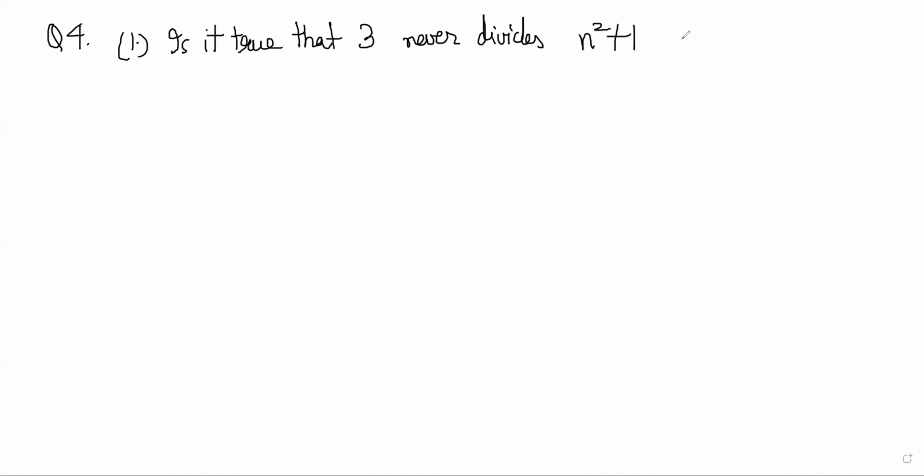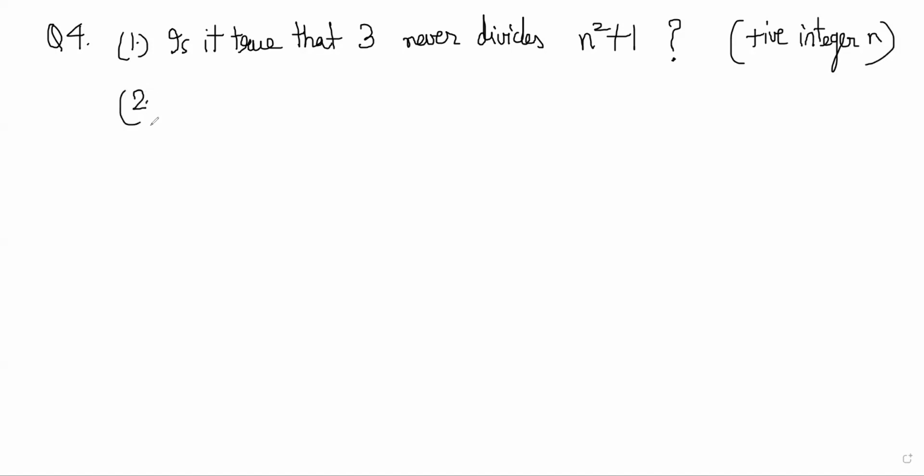The next one is basically a true and false statement. The first part of the statement: is it true that 3 never divides n square plus 1 for positive integer n?